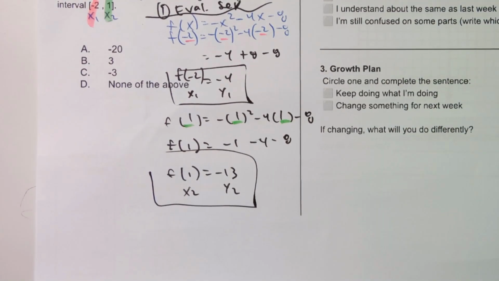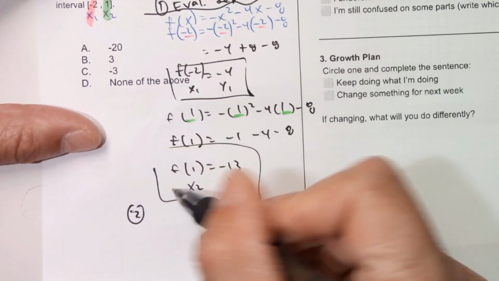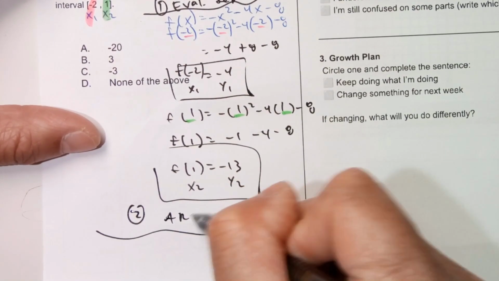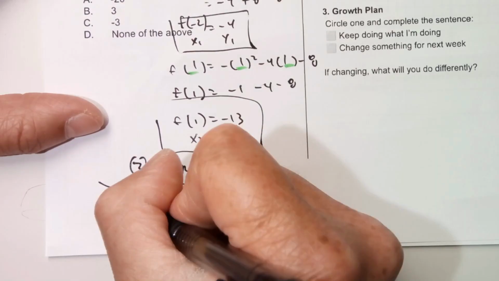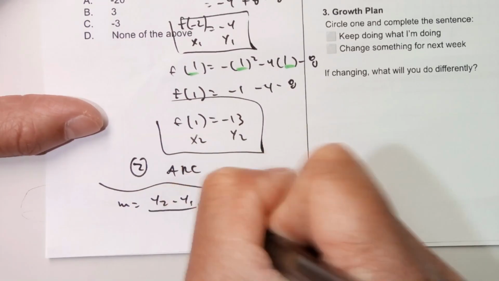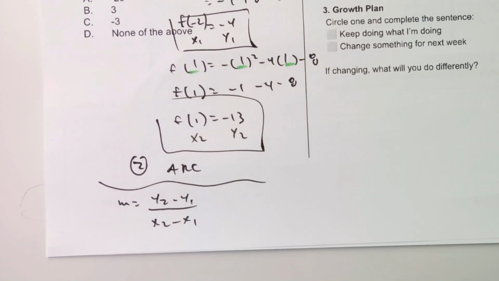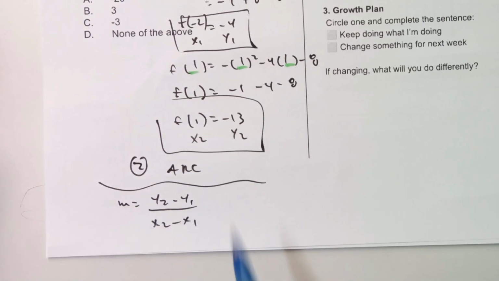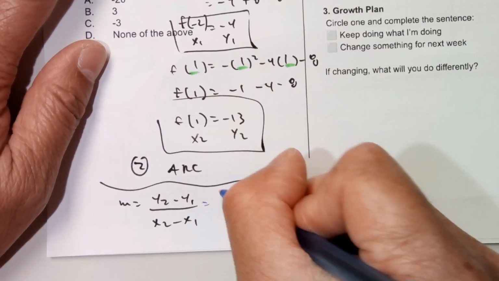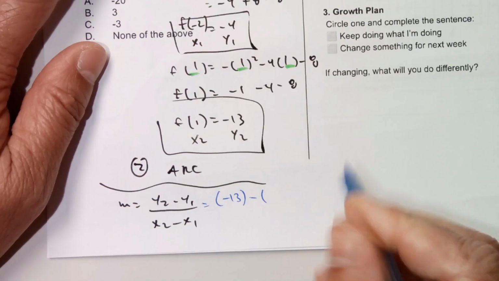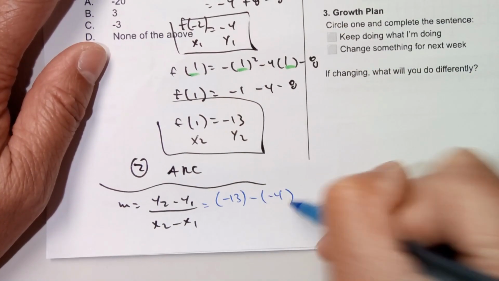Okay, now let's use my average rate of change. So my y2 value is negative 13. My y1 value is negative 4. My x2 value is 1.